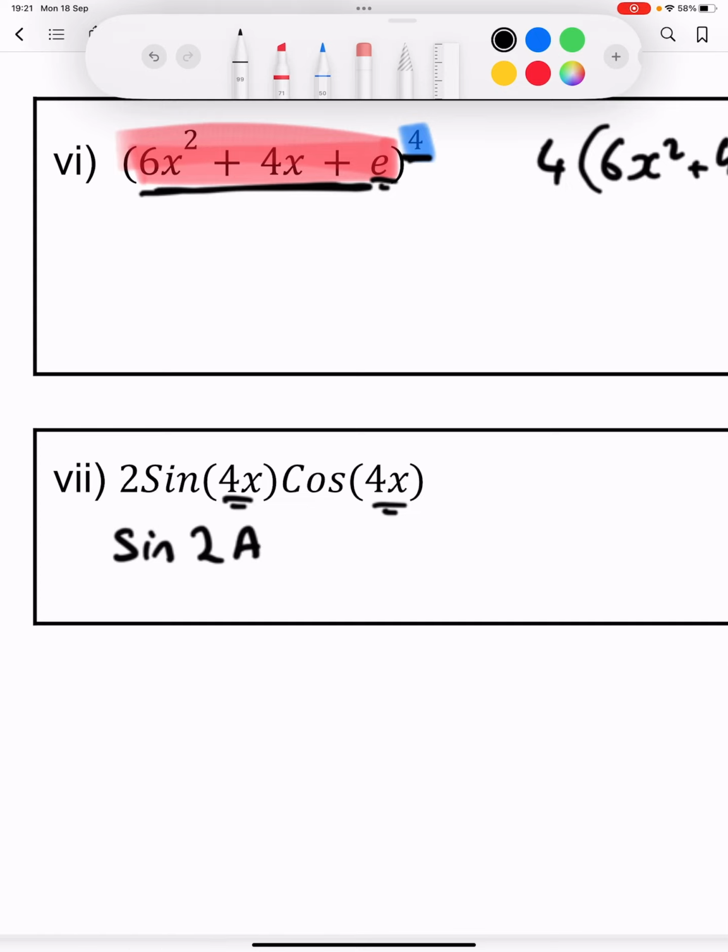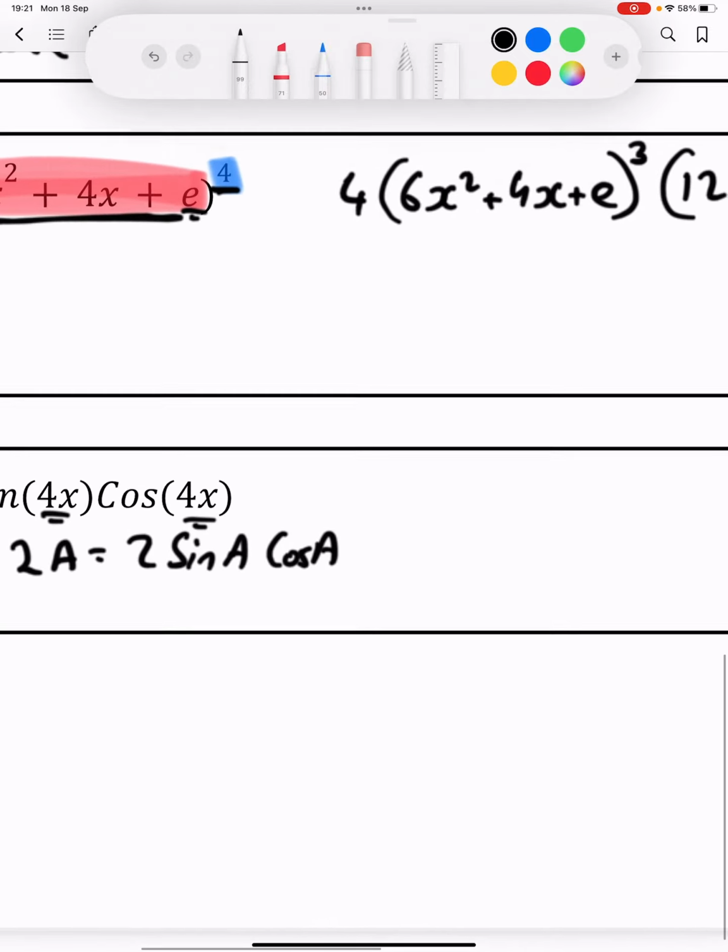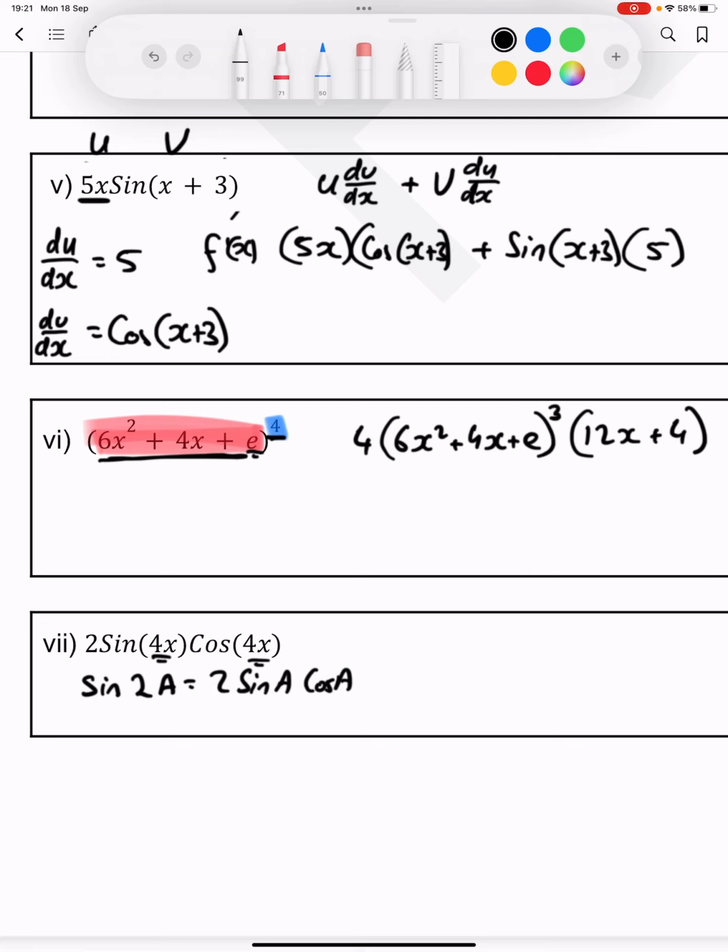So that's in your log table. So trying to apply this to this question, we could, I guess, write this as sine 2 times 4x or sine 8x.